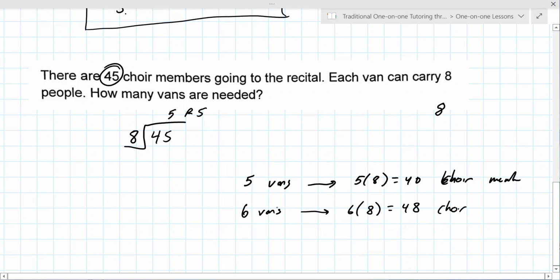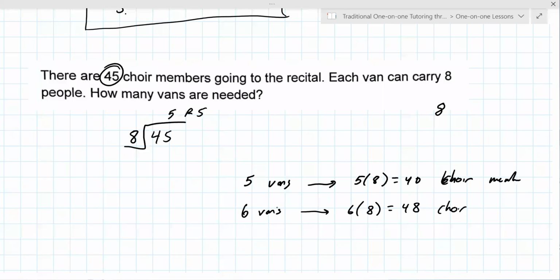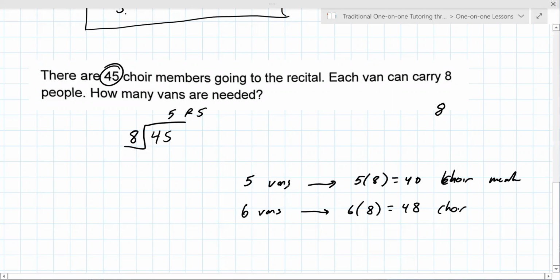Now parents usually face this problem when they have a birthday party for their child. Like, how many pizzas do we order? And the last thing you want is to not have enough pizza at the party. Same thing here. You don't want too few vans to get everyone there. So sometimes you round down. This is actually a rounding up problem.